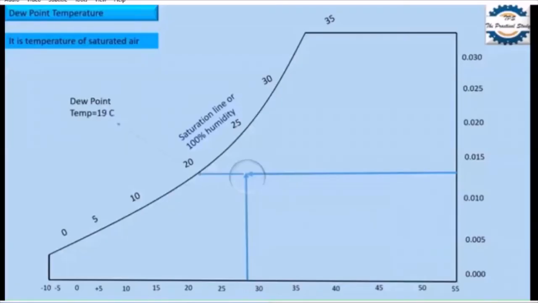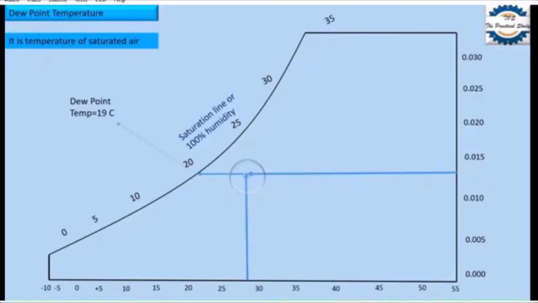Yes, sir. Now we cannot find the dew point temperature line separately in your chart. We have to calculate it, or find it. How can we find out the dew point temperature? It's very easy. So now you know about the dry bulb temperature and specific humidity on the x-axis and y-axis.